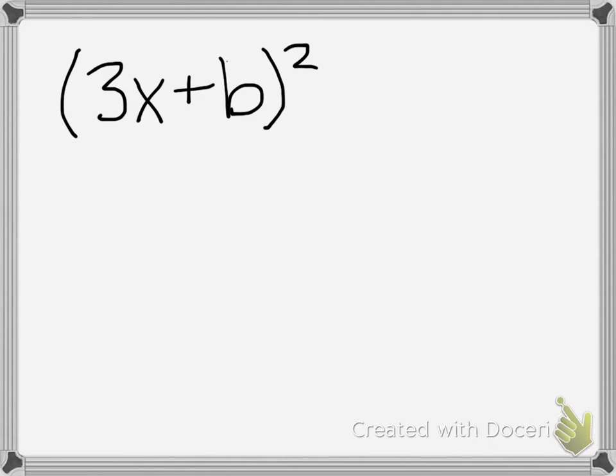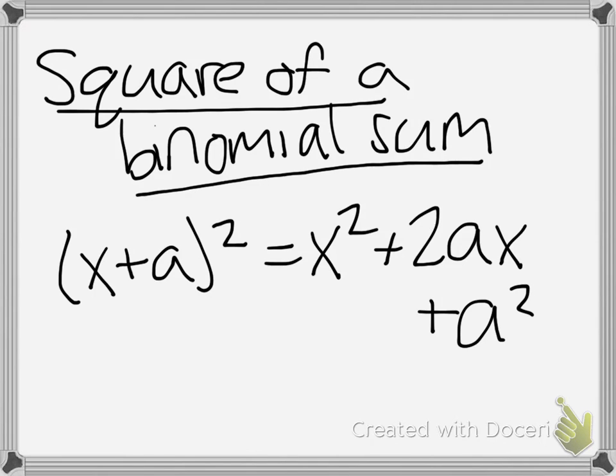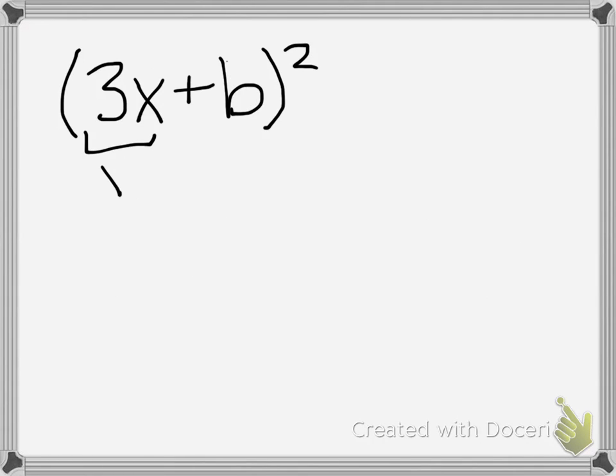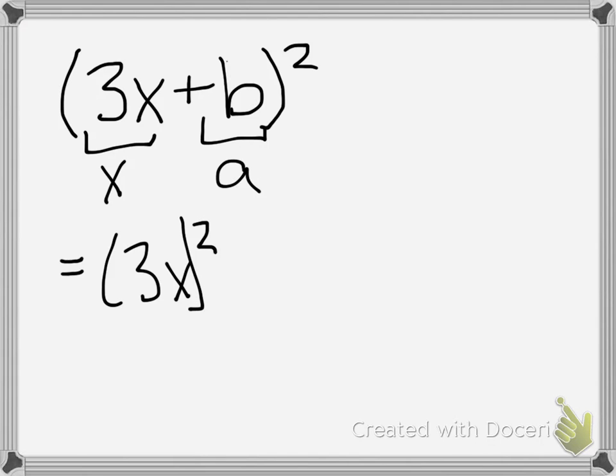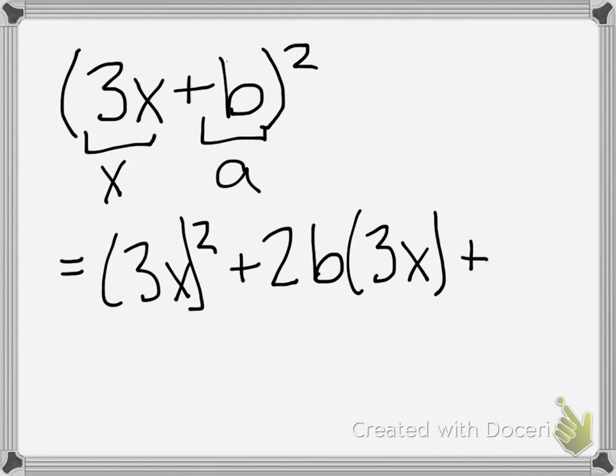I know that if I look back at my formula, I have x plus a squared. So here's x, and here's a in my formula. Then I know that my result is going to be x squared, so that's 3x squared, plus 2ax, plus a squared.